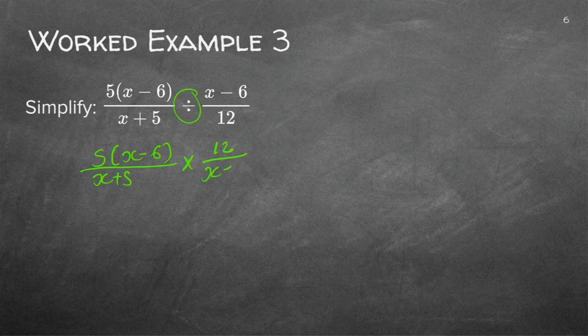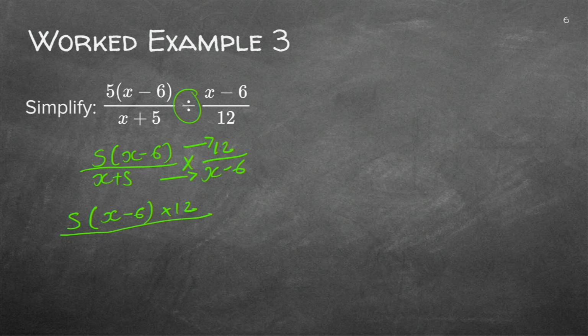over x minus 6. Now, once we find ourselves in this situation, we simply multiply directly. Okay, we multiply values directly. So now you're going to have 12 and 5 multiplying there. Okay, let me write it like this first. So this is going to be 5(x minus 6) multiplied by 12 on top there.